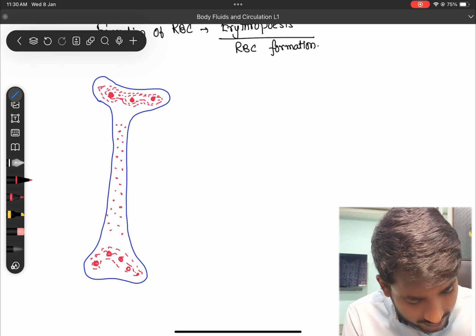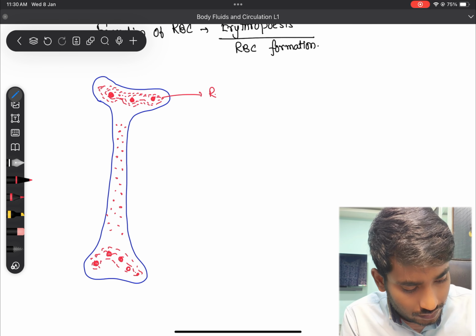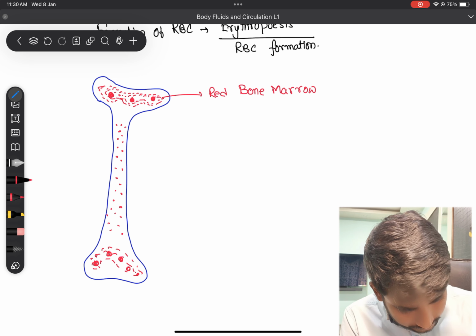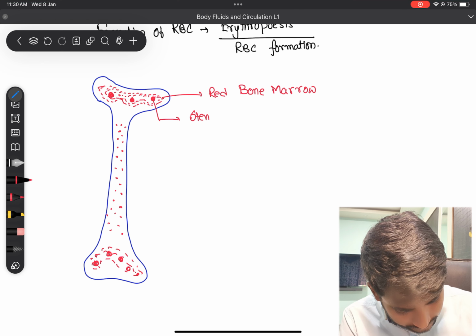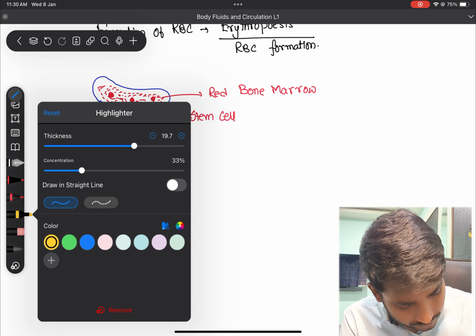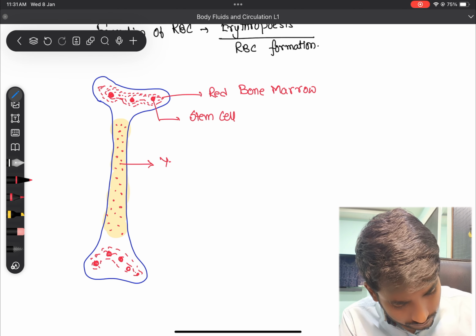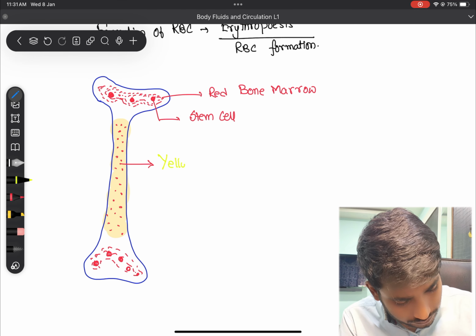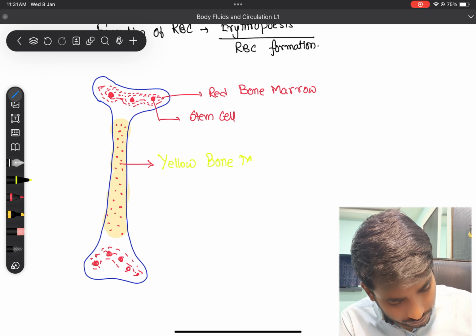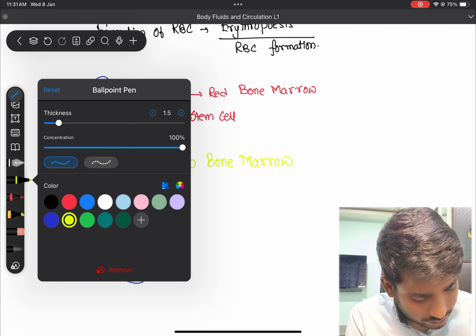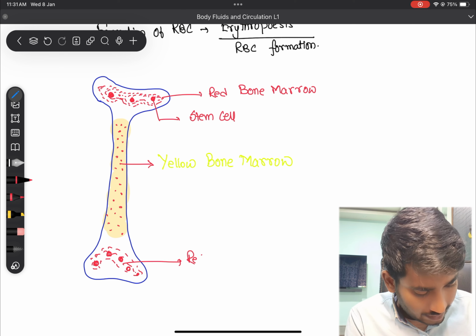Now this is the stem cell. This is yellow bone marrow, and this one is red bone marrow.